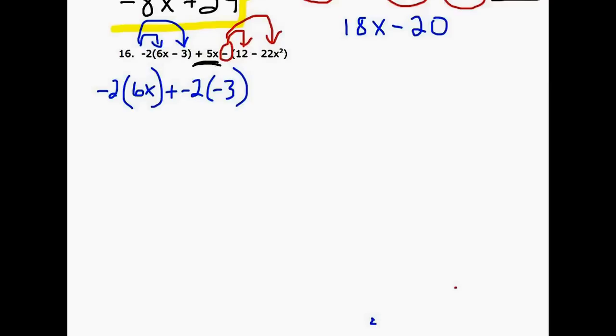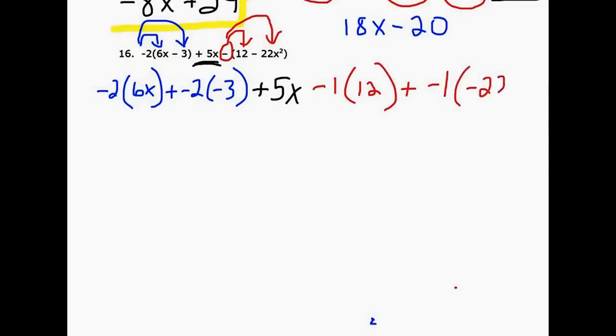So we're going to go ahead and just bring him down just like he is. Now let's distribute our negative 1 to everything. So we have negative 1 being distributed to 12, plus we have negative 1 being distributed to negative 22x squared.